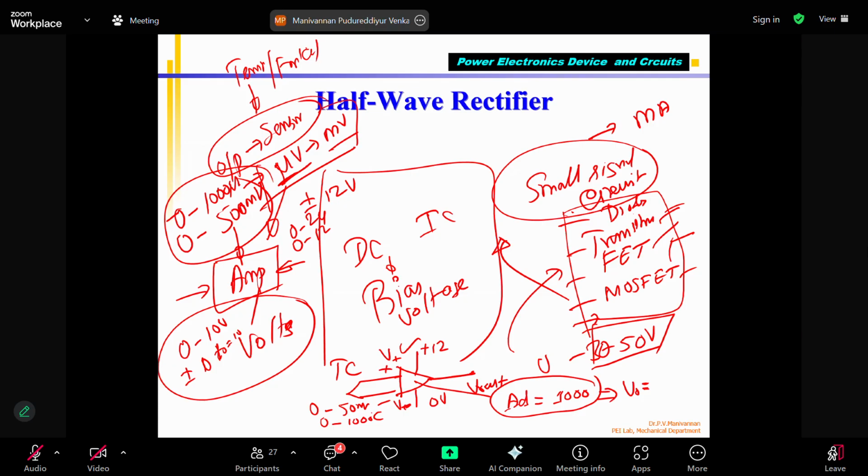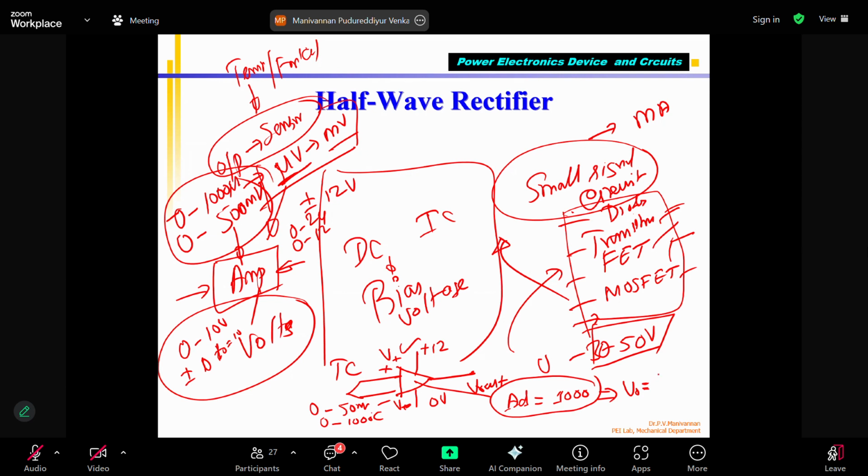What is the output voltage for this op-amp? I want to know, because power electronics is also like this. If you don't understand last semester, what are you going to understand this semester? It should be 5 volts at the output. How? First, tell me the formula. At least you are able to tell something. I am happy. Gain into input. It should be the gain into the input, sir.